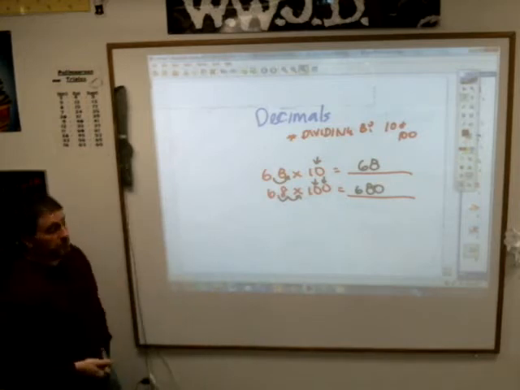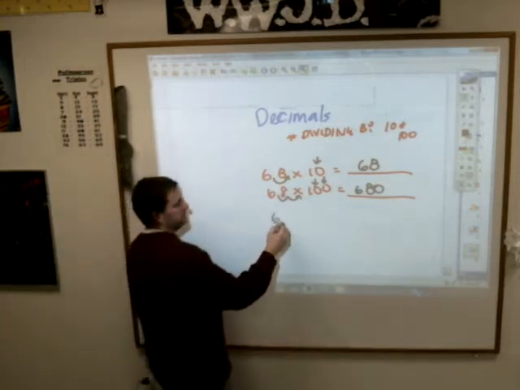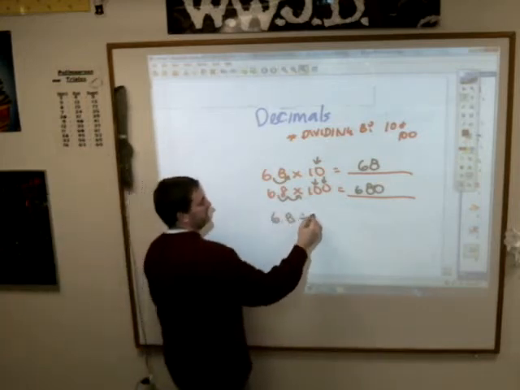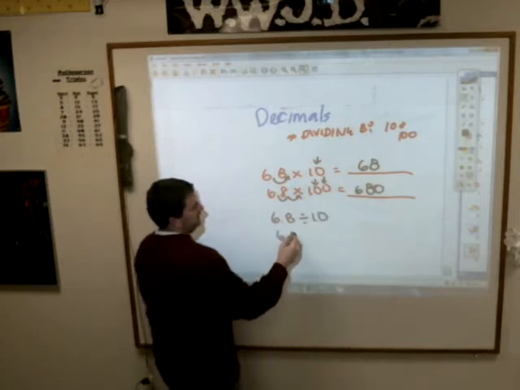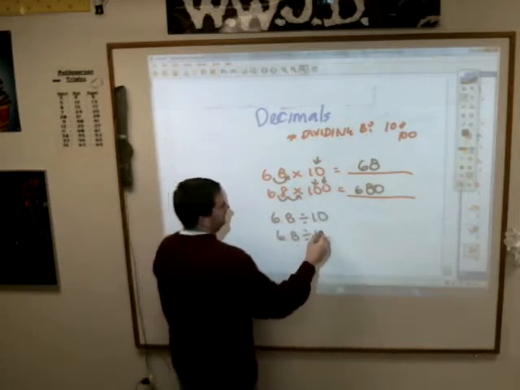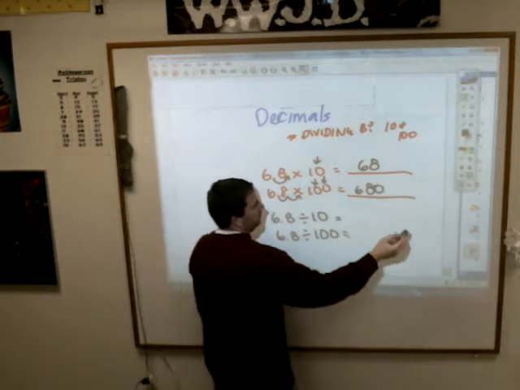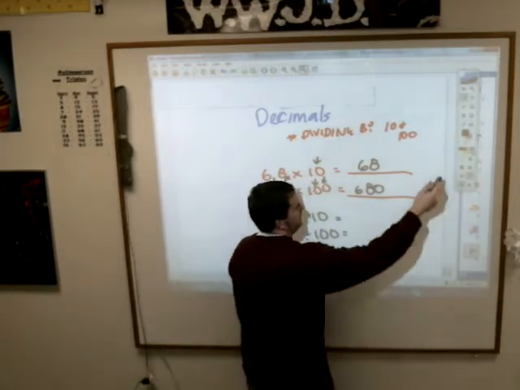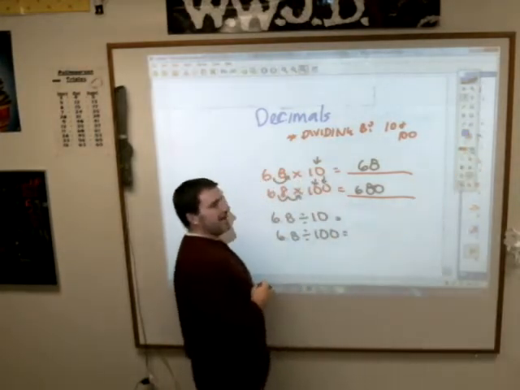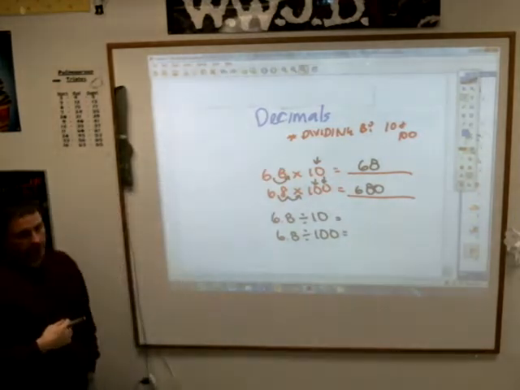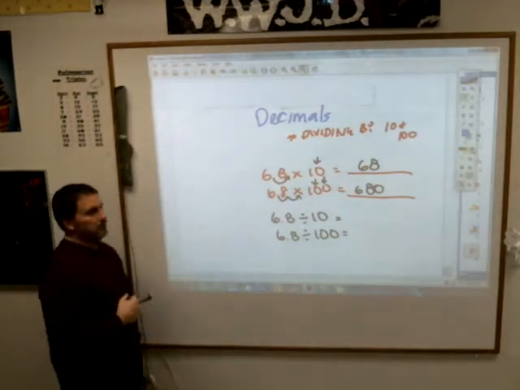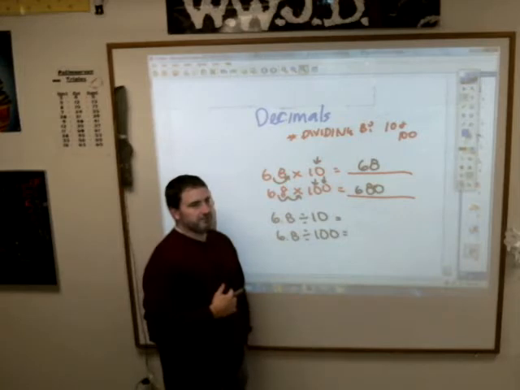Now, division is very much the same. Let's do 6.8 divided by 10 and 6.8 divided by 100. Same thing, except since division is the opposite of multiplication, what's going to happen? Kendall, what do you think is going to happen there?